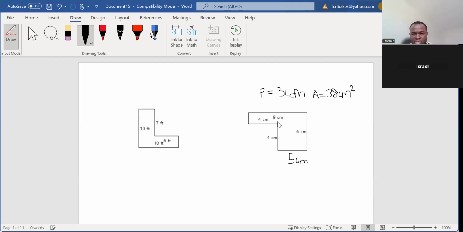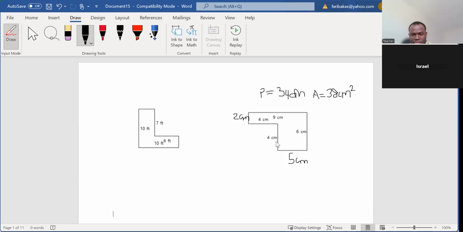Then what is this distance? 2 centimeters. Okay, that's correct. So if we add, let's say we'll start from here.